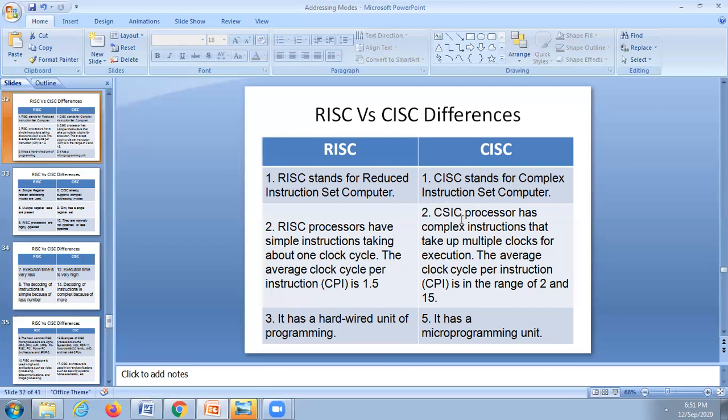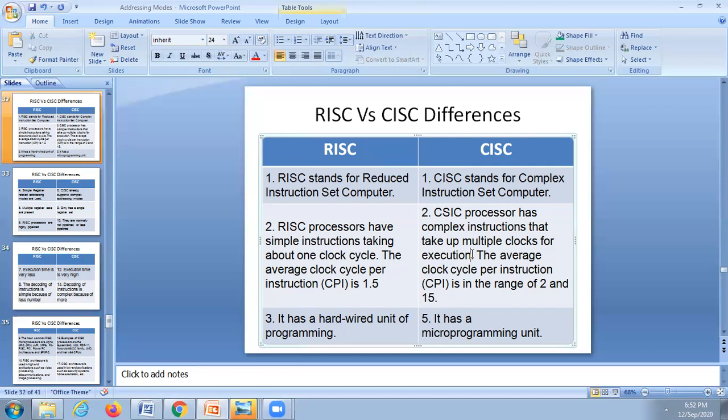In the case of CISC processors, they have complex instructions that take multiple clocks for execution. The average clock cycles per instruction will be 2 to 15. Here, in the case of CISC processors, if you take any instruction, the number of T states required for that instruction will be much more.